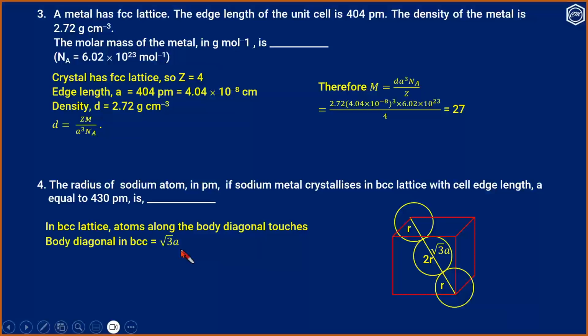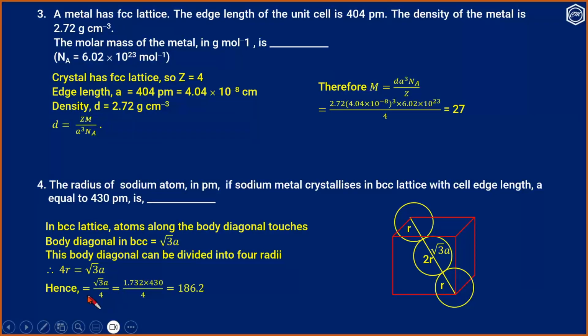Body diagonal in BCC is root 3a, and this body diagonal can be divided into 4 radii. So therefore 4r is equal to root 3a. Hence root 3a by 4 is equal to 186.2. Therefore radius of the sodium atom is 186.2 picometer.